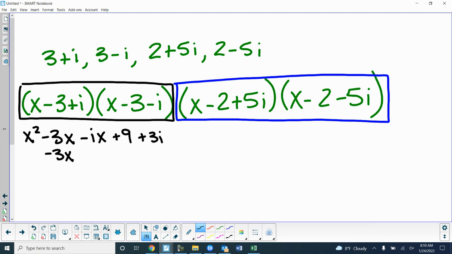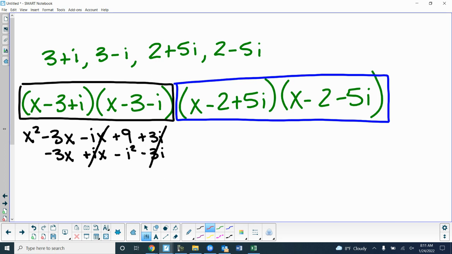All right, and then I have to take the i times all three of them. So i times x is positive ix, and these will all get canceled. i times -3 is -3i, those get canceled. i times -i is a -i squared. Well, remember, what's i squared equal? -1, right? So it's minus a -1, which makes it plus 1.